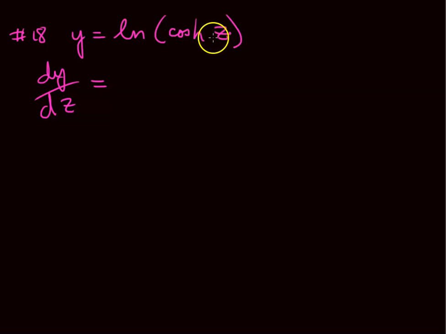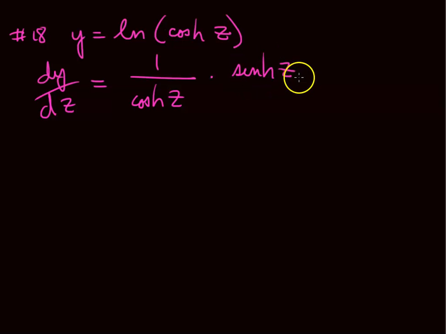Because we're doing this in terms of z. Well, the derivative of the natural log is 1 over its argument, cosh z, times the derivative of cosh z. The derivative of the cosh was the sinh of z, dz. So this is really just the sinh of z over the cosh.